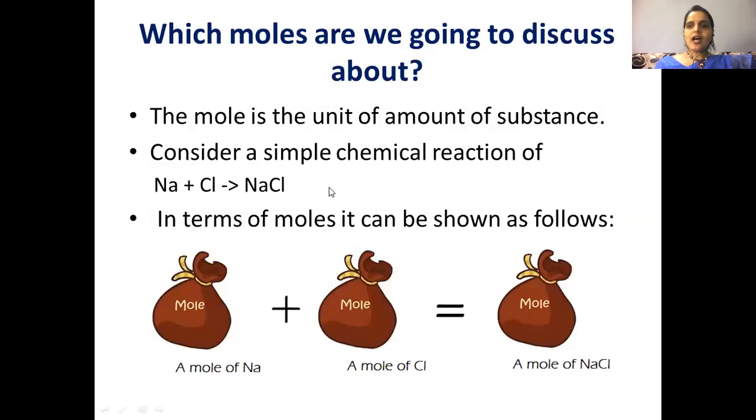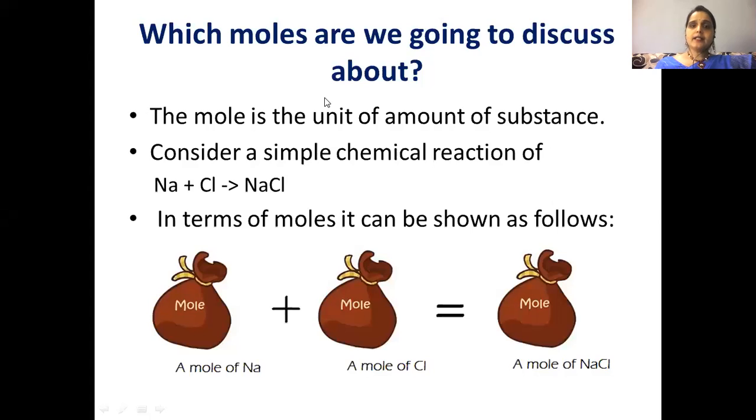but we are going to discuss something which is very important for chemists. Chemists are the people who are involved in the study of chemistry. The mole concept, or the moles, are a useful entity used widely by chemists.